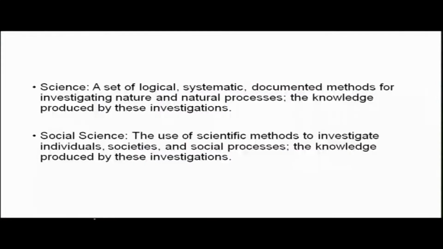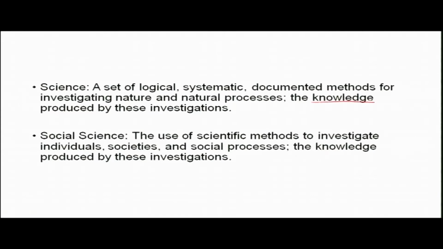So starting with the understanding of science, we see that science is a set of logical, systematic, documented methods for investigating nature and natural processes, and the knowledge produced by these investigations.